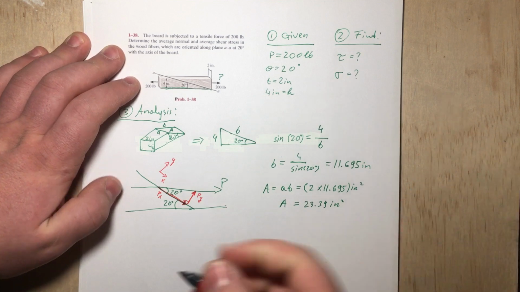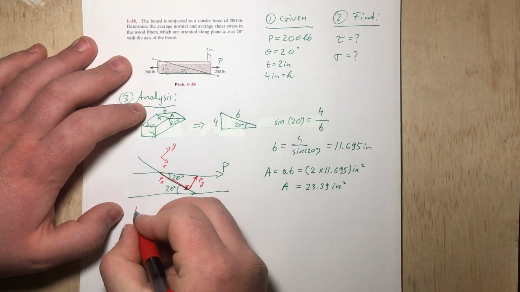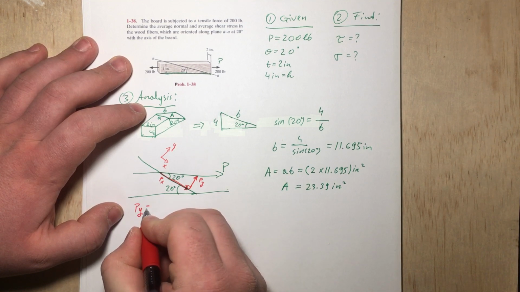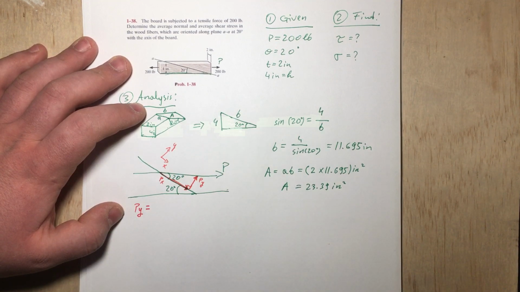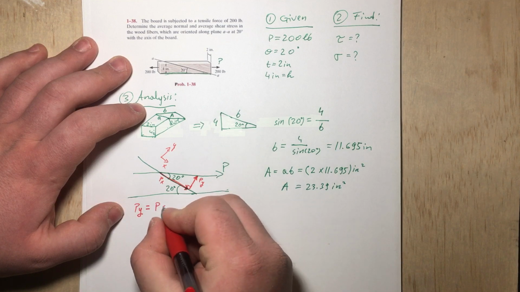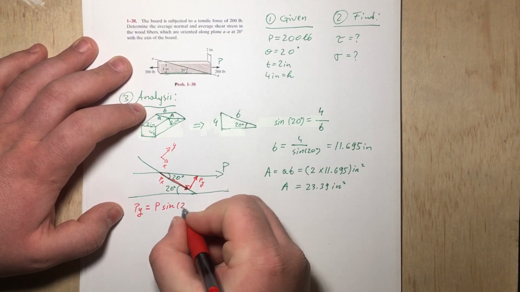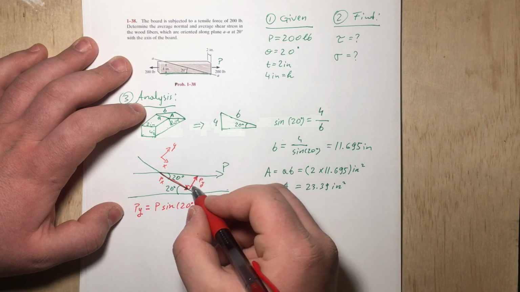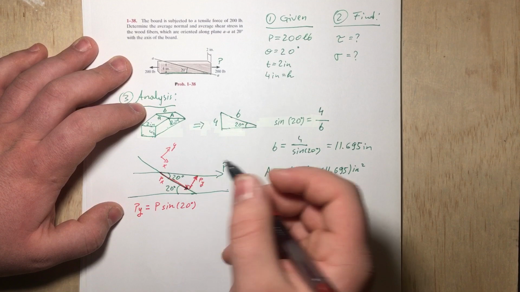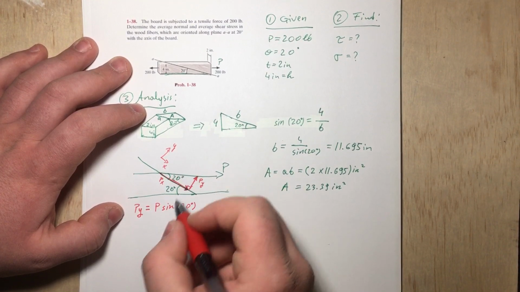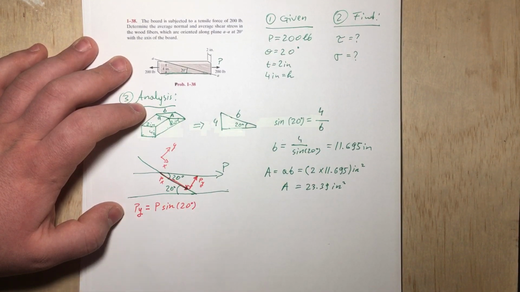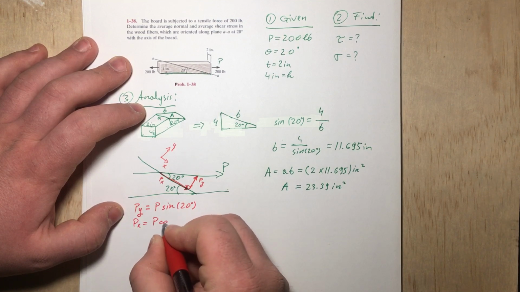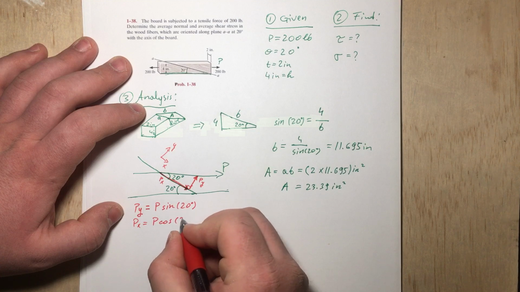So Py is going to equal P times sine of 20. Sine of 20 is opposite over hypotenuse, so hypotenuse times sine of 20 is going to give us Py. Then Px is going to be P times cosine of 20.